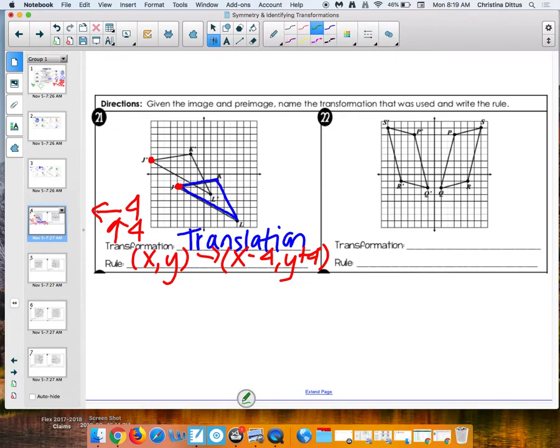22, did I start with the left picture or the right picture? The right picture, this is where I started. Let's look at Q. Here's old Q, here's new Q. Q starts on the bottom left, it ends on the bottom right. So what happened to it? It reflected.